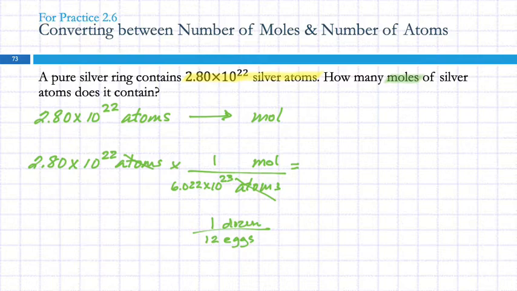So 2.80, and then times 10 to the is your EE button, or your EXP button. And then I enter the exponent, 22, times 1 divided by 6.022 EE 23 equals.